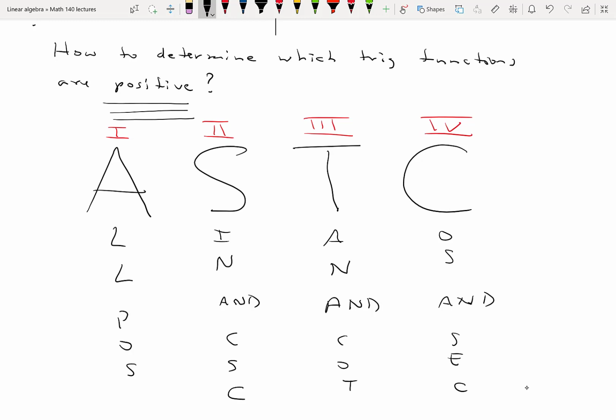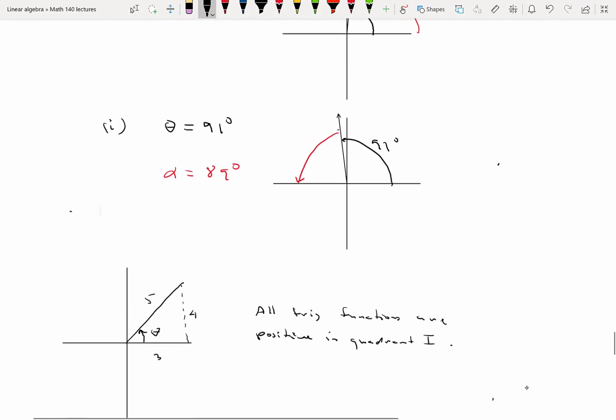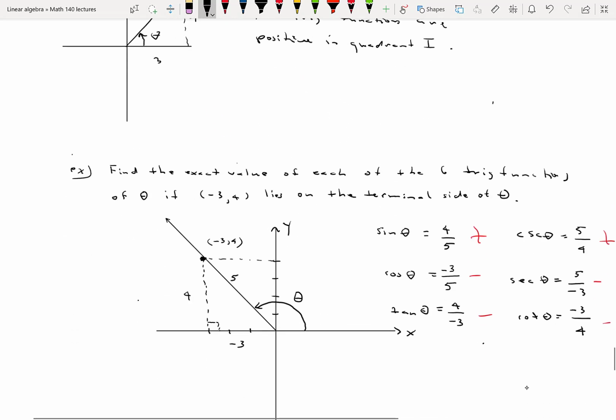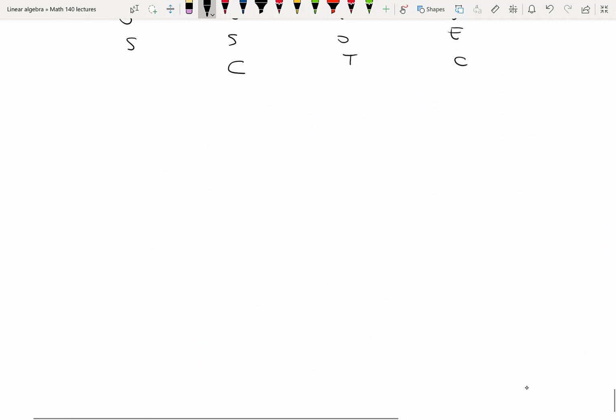Okay, that device for determining what trig functions are positive and what trig functions are negative in a given quadrant, combined with the concept of a reference angle, is going to allow us to handle the most difficult of the trig function values, namely when you can't add or subtract 360s to get coterminal angles that end up on the chart of special values.